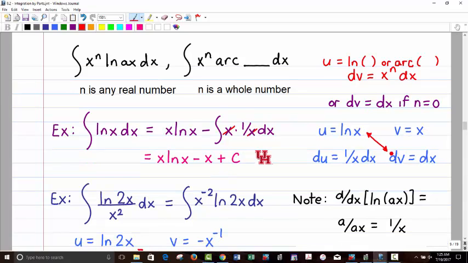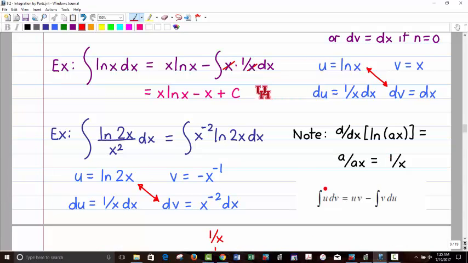So we have the parts formula, and we still follow that. So uv will be x ln of x right there, minus the integral of vdu. Multiply those two together, and you just get 1 dx. So the antiderivative of dx would just be x. So you have x ln of x minus x plus c. That's the antiderivative of ln of x.